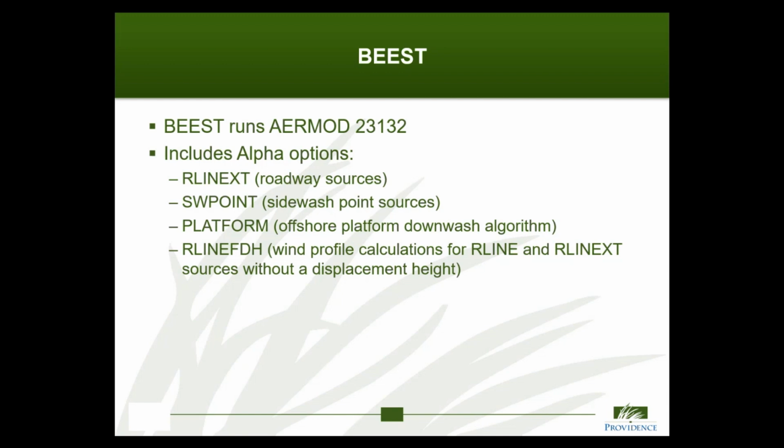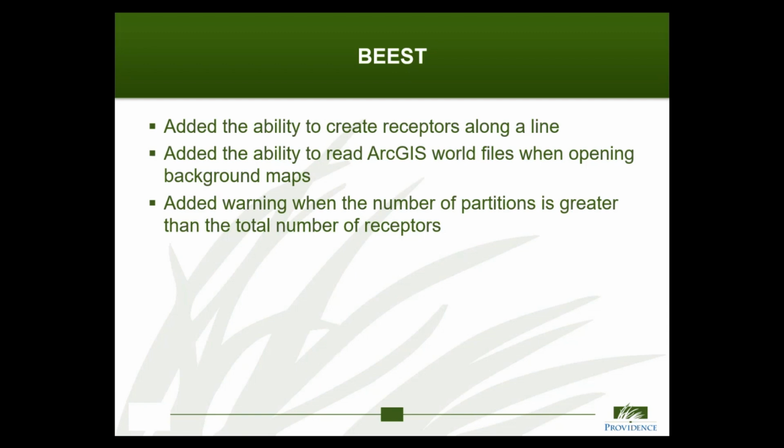We've included information related to offshore platform downwash, the PLATFORM keyword, and then R-LINE FDH, which refers to wind profile calculations for both the R-LINE and the R-LINE XT sources without any displacement height. So that's sort of the skinny on changes in AERMOD.